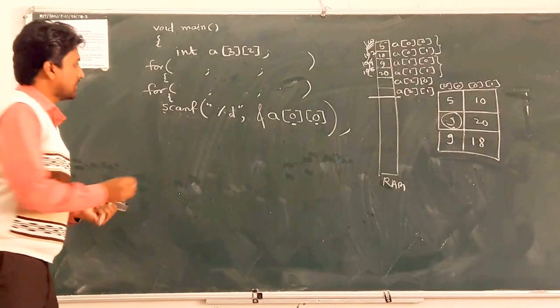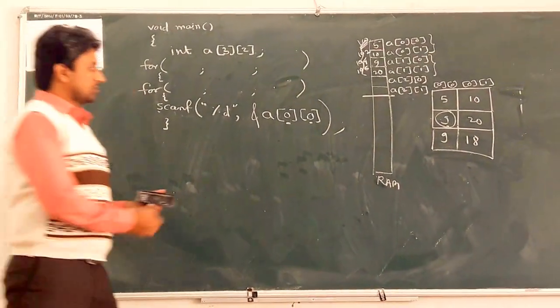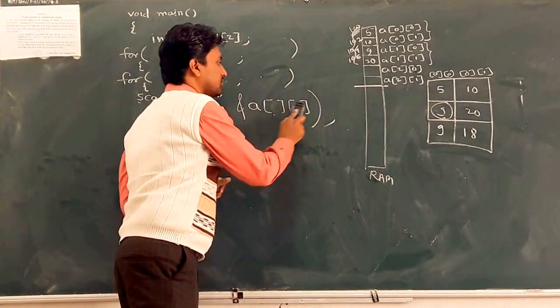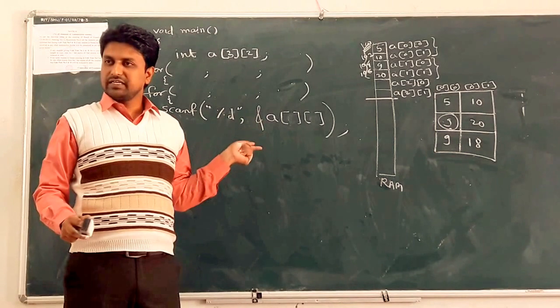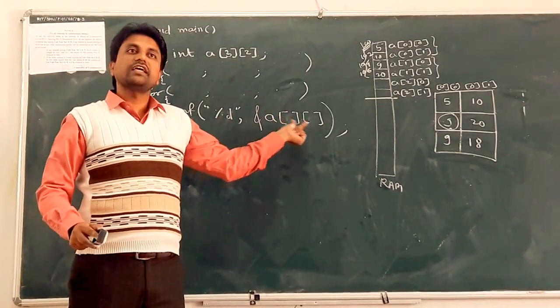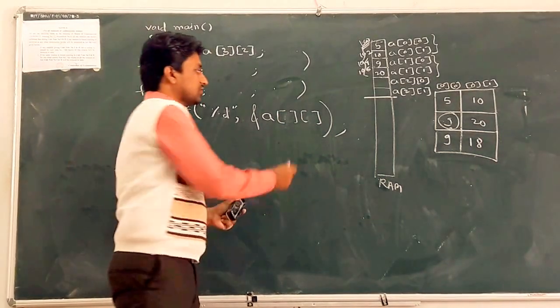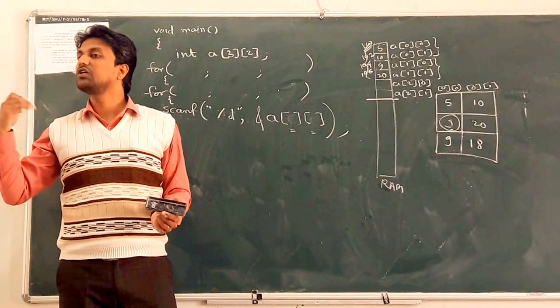In that curly bracket, the scanf statement is there. Now we cannot fix 0, 0, because every time the loop executes, the element would be stored at A00. So we have to change it. It is dynamic, so it must be variables, not constants.